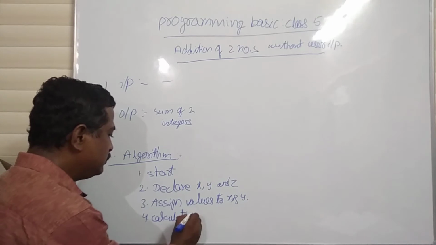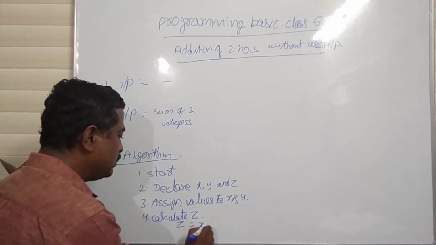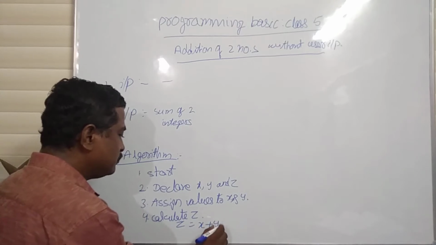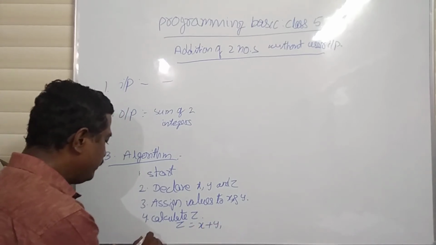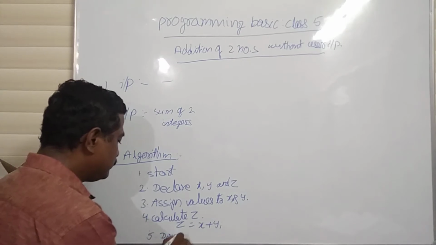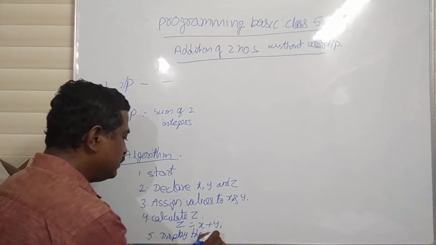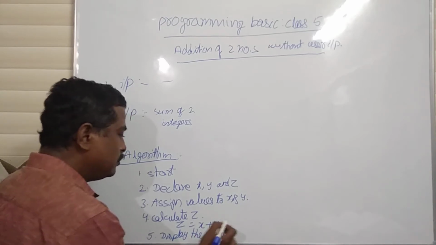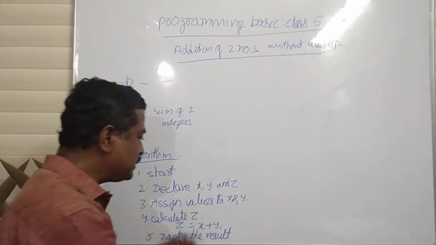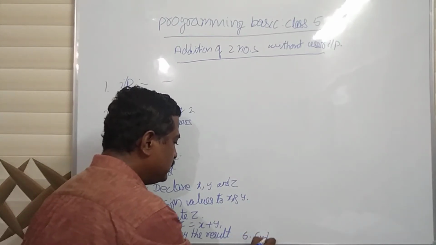So z is equal to x plus y. Now step 5, display the result. That's the algorithm. The last step is stop or end. This is the algorithm.